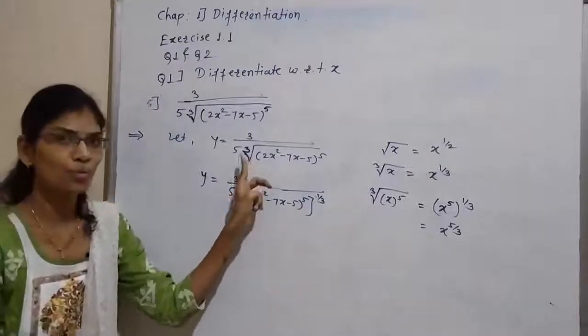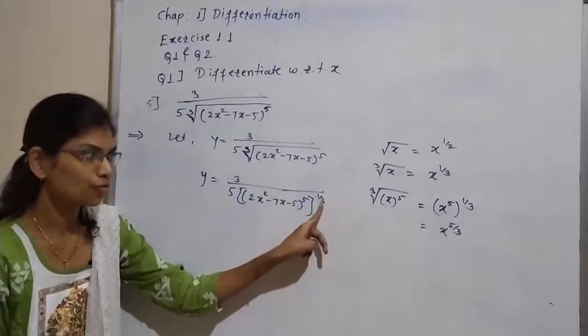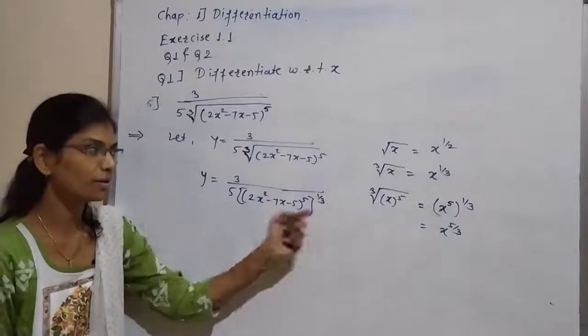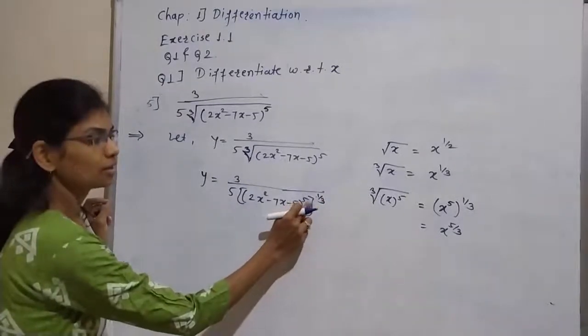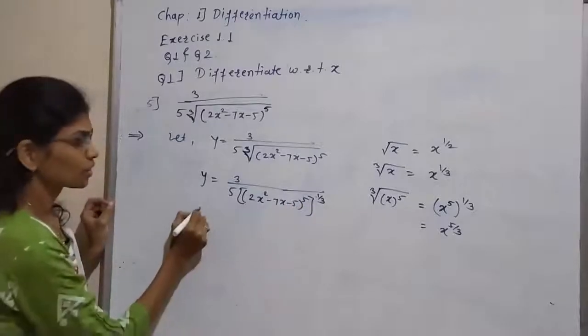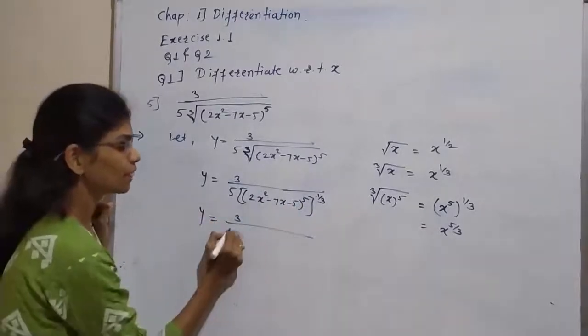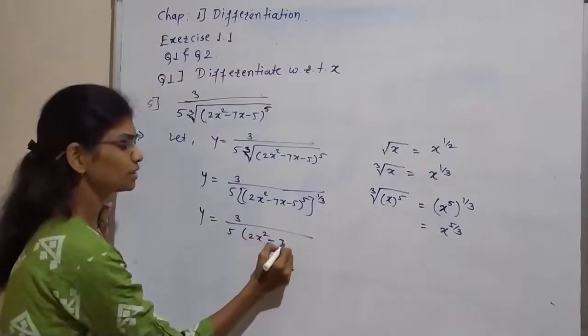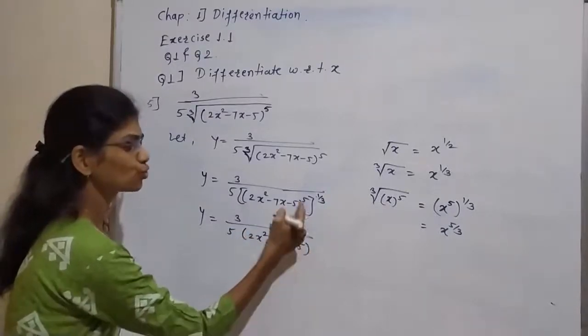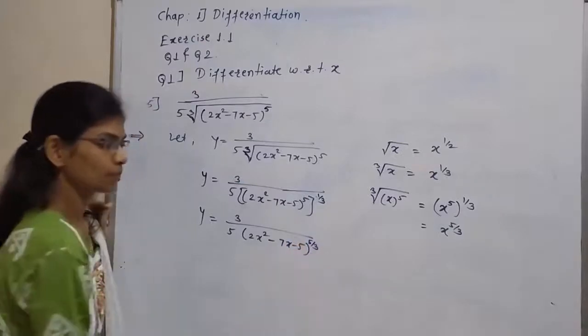Because this one is in the form of a cube root, we can write it in the form of an index as 1 by 3. Index raised to index, there will be a multiplication. Therefore, y is equal to 3 divided by 5 times (2x² minus 7x minus 5) raised to 5 by 3.